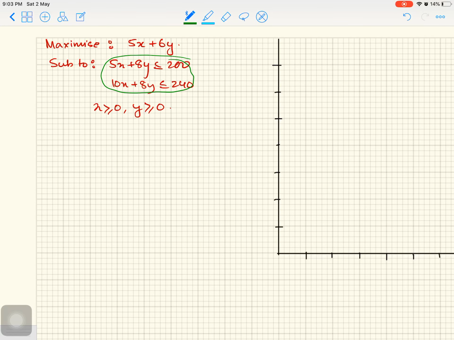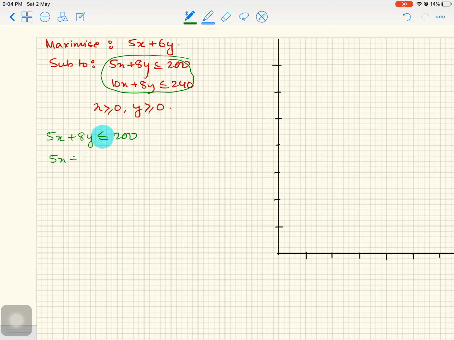The method is very simple: 5x plus 8y is less than or equal to 200. The step says you have to express these as equations, but it's okay if you just leave it in less than or equal to form.